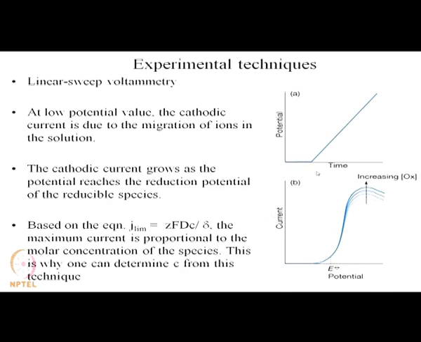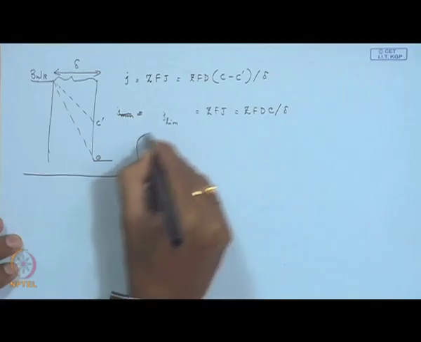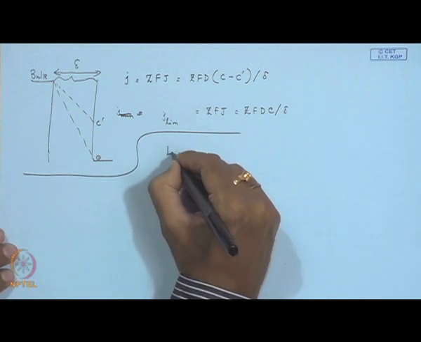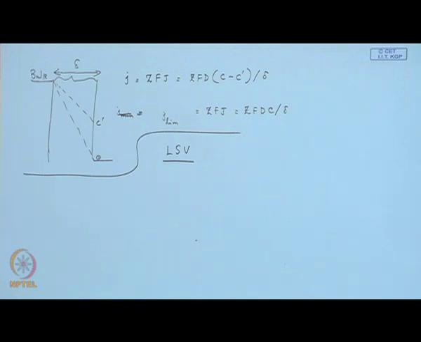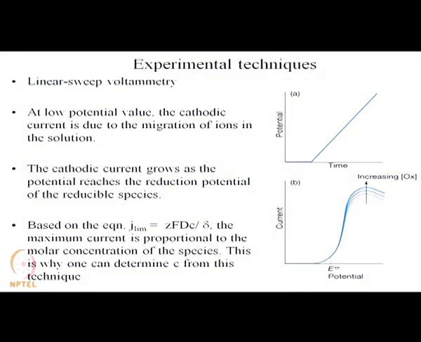Okay. Now, as I told you, regarding experimental techniques, I already talked about potential step voltammetry. Another method is LSV, linear sweep voltammetry. So, in linear sweep voltammetry, at low potential value, the cathodic current is due to the migration of ions in the solution, and the cathodic current grows as the potential reaches the reduction potential of the reducible species.